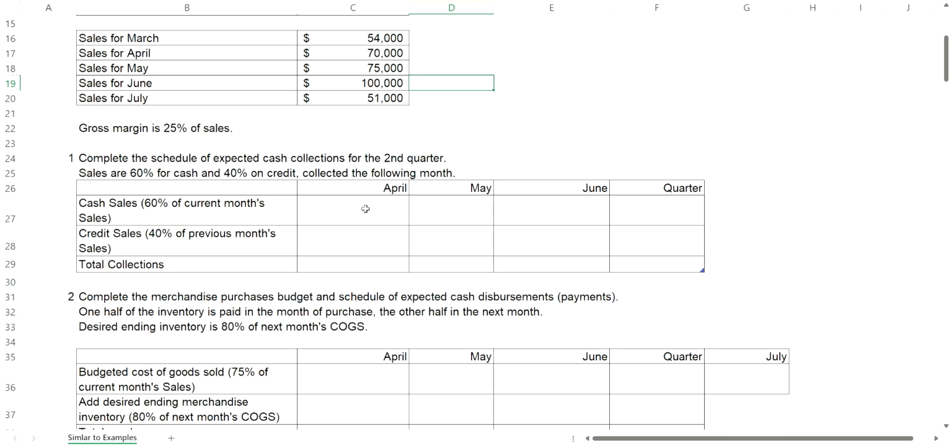Okay, so let's start with what is collected in the current month. 60% of expected sales are collected in the current month. So for April, I will take 60% times April sales, which are $70,000. Okay, ignore the additional auto fill-in. I'll get rid of that as we go along. For May, it would be 60% of May sales, which are $75,000.